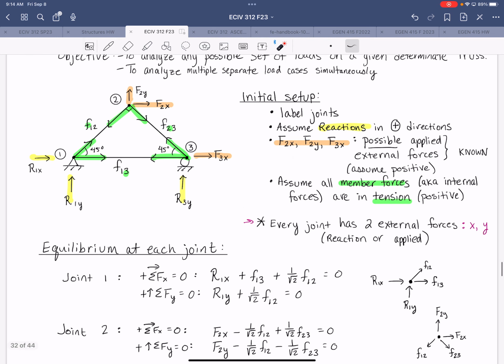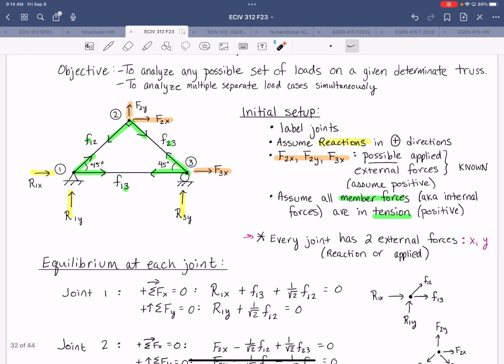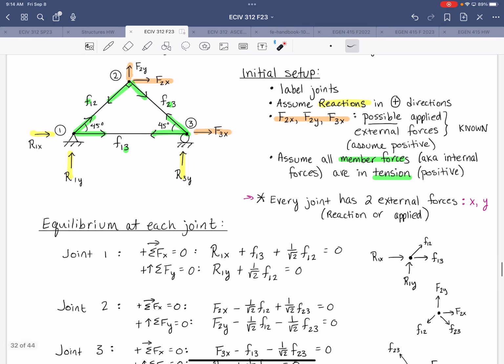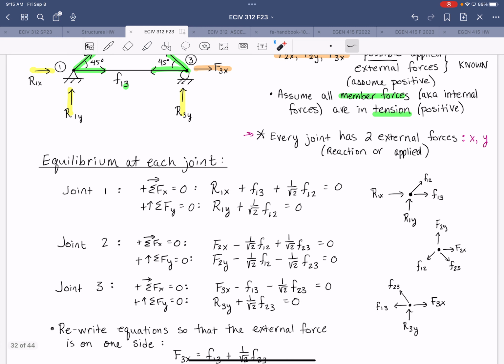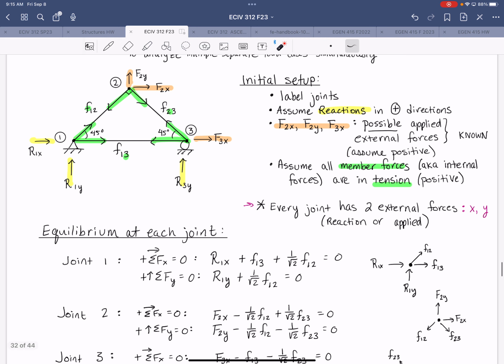All right, so I covered everything up there. The next step is to go through systematically and write the equilibrium equations at each joint. This is the same process that you would normally do applying the method of joints, except now keep everything in terms of the generic numbered external force notations, internal force notations, and reaction notations.